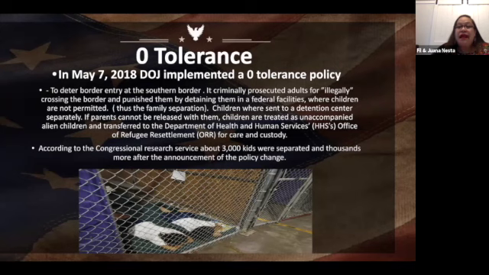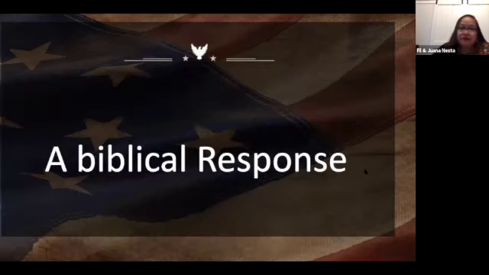Children are treated as unaccompanied alien children and transferred to the Department of Health and Human Services Office of Refugee Resettlement for care and custody. According to the Congressional Research Service, about 3,000 children were separated, and thousands more after the announcement of the policy change. And this is probably one of the most gut-wrenching things that we have seen within this administration.